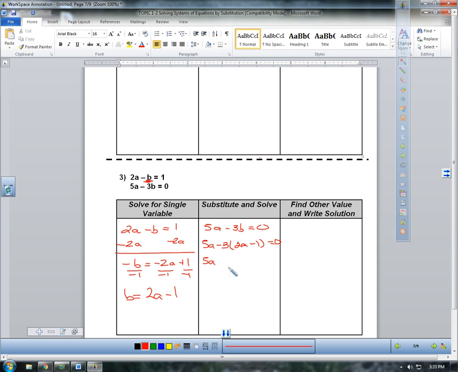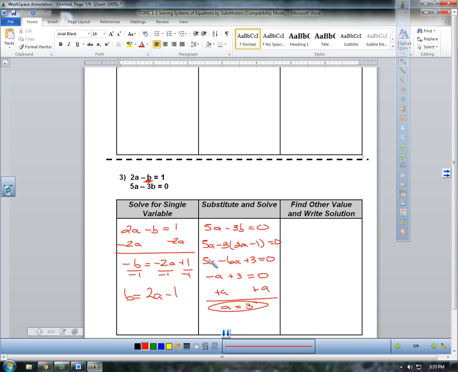Still not doing anything with 5a. This time I'm going to distribute. Negative 3 times 2a is negative 6a. Negative 3 times negative 1 is plus 3. That will equal 0. So now I have negative a plus 3 equals 0. If I add a to both sides, I get a equals 3.